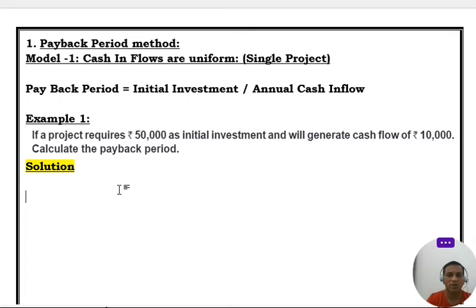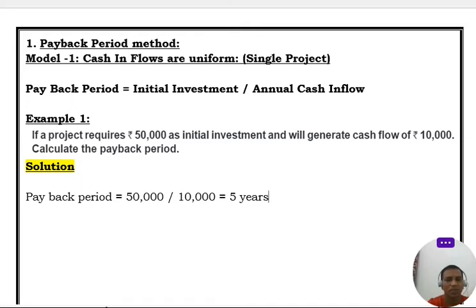So what is the formula you have to use? Payback period is equal to cost of the investment, initial investment, divided by annual cash flow. What is the initial investment? 50,000 divided by annual cash inflow. How much? Every year remains the same, uniform, that equals 5 years.